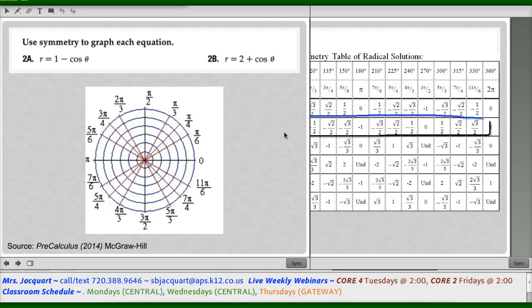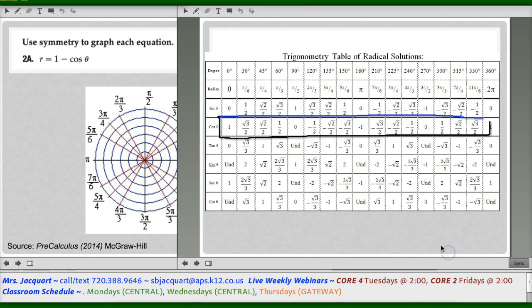Okay, so use symmetry to graph each equation. So if I have 1 minus cosine theta, we could just create a chart. So if we go to our super cool chart, and we minus cosine, then everything is going to be minus, right?